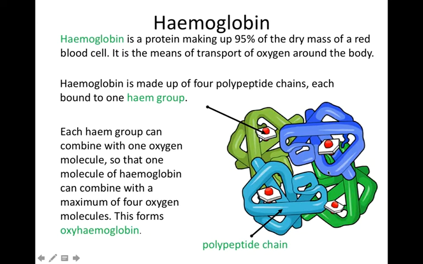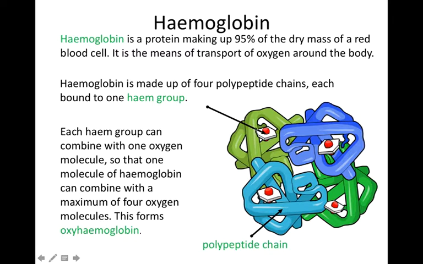Hemoglobin itself has a quaternary structure, and the reason it's quaternary is that it has more than one polypeptide chain. It has 2 alpha subunits and 2 beta subunits, and for each of those subunits there's a heme group. This heme is prosthetic, which means it can basically be removed.